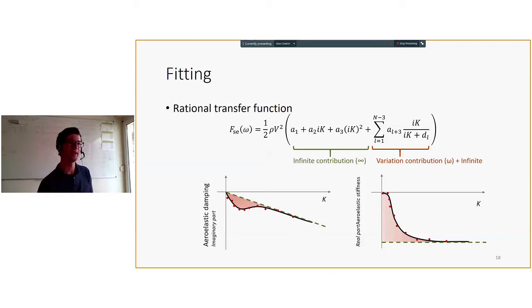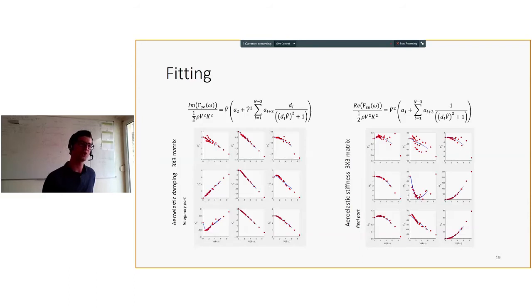On the next slide, we show how these functions can be fitted to numerical data, and this has been done on one of the aerodynamic cross-sections. These are fairly complex expressions, and they require nonlinear regression fitting.